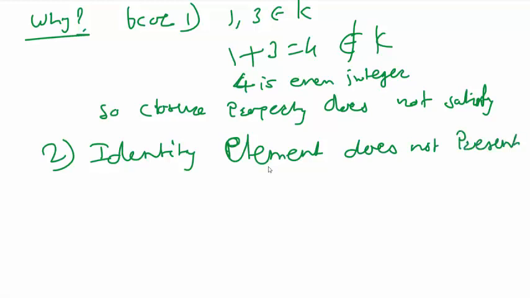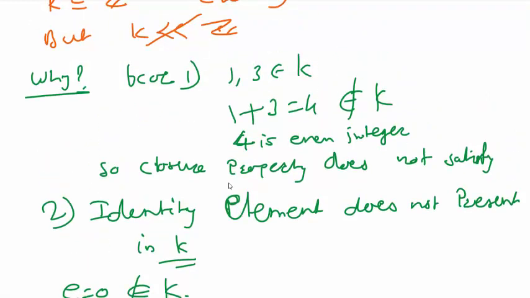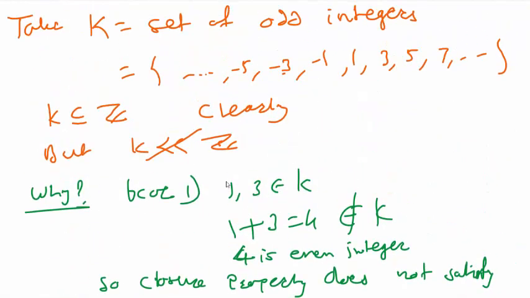Identity property does not satisfy in K, means e is equal to 0 does not belong to K. Two reasons are sufficient.